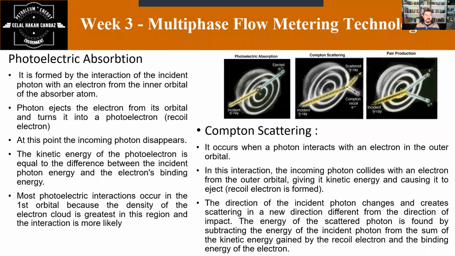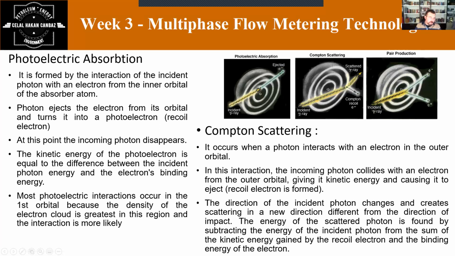In pair production, one part of the electrons gets a positive charge and the other part gets a negative charge. This rarely happens. Mostly, with barium-133, we see photoelectric absorption and Compton scattering.